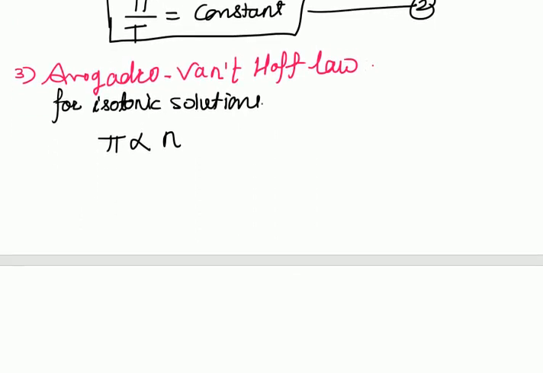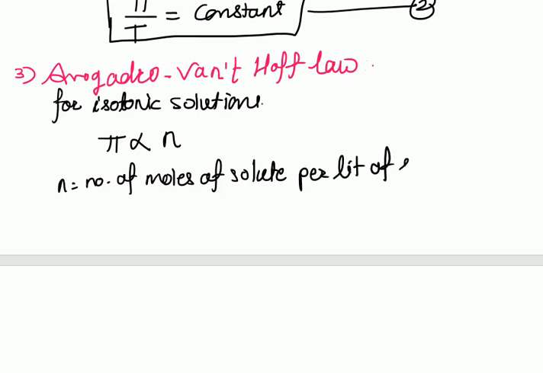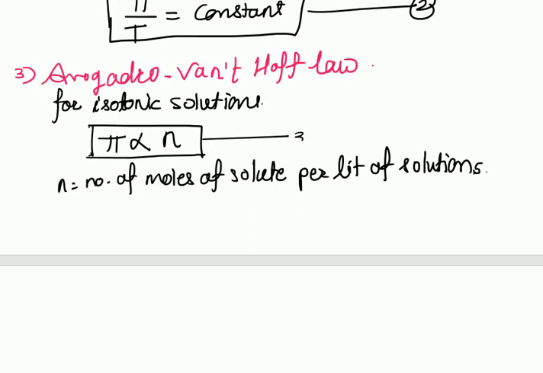Here n is equal to the number of moles of solute per liter of solution. This is the Avogadro-van't Hoff law, or third equation.